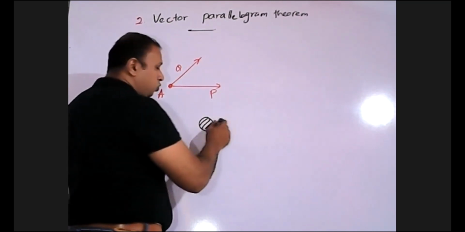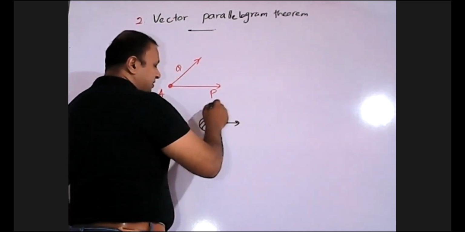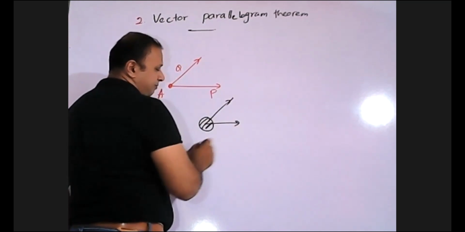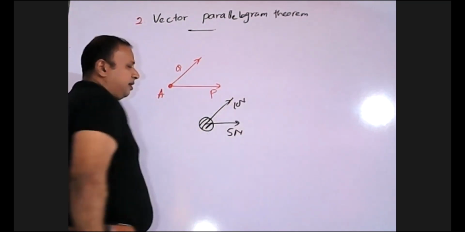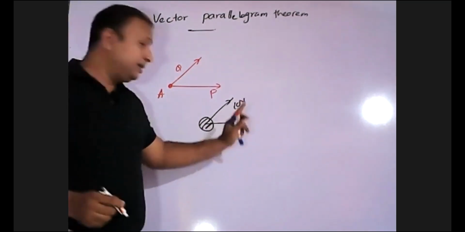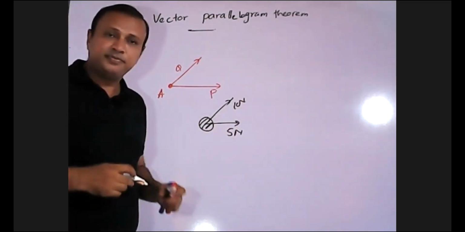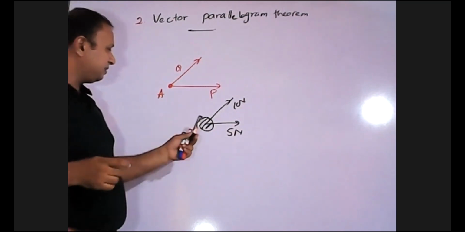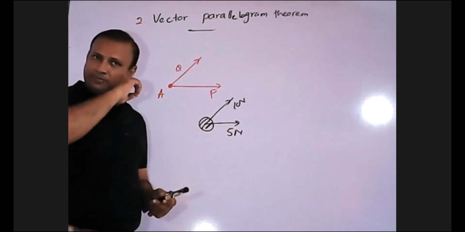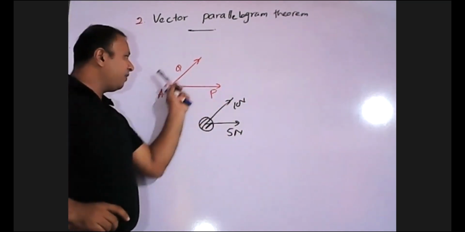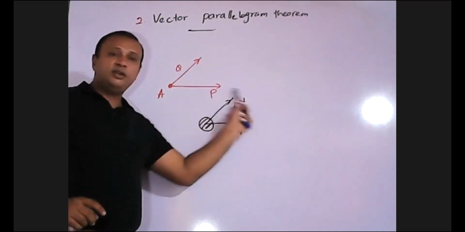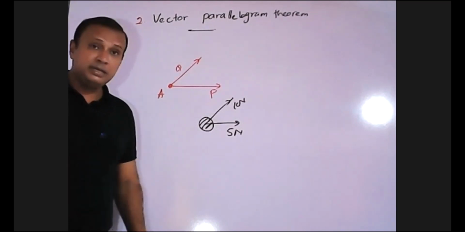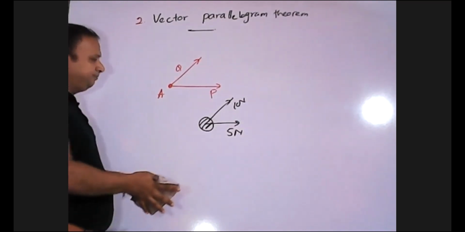Suppose there are two forces exerted on this mass, 5 Newton and 10 Newton. These two vectors can be considered as point vectors, because they are acting at the same point. So this kind of application can be used to solve practical situations.